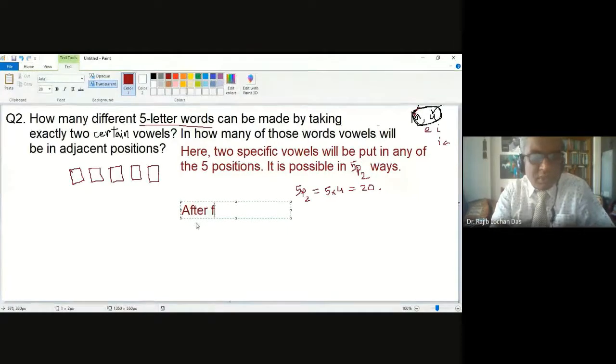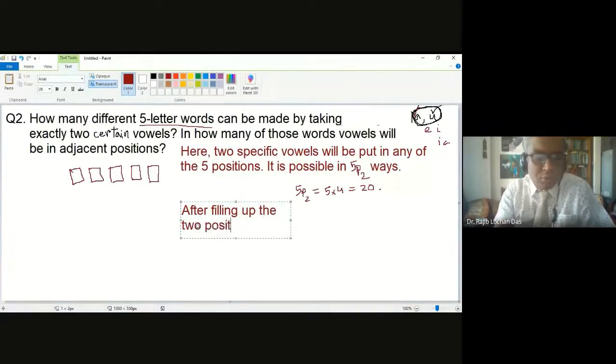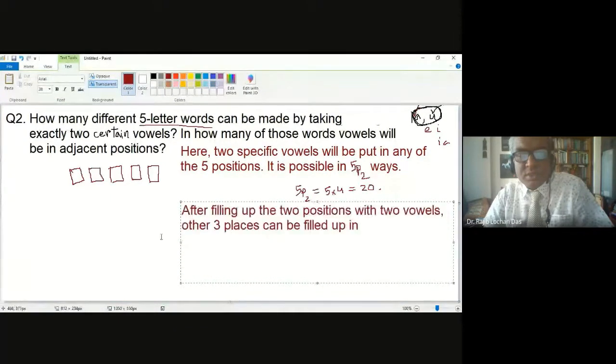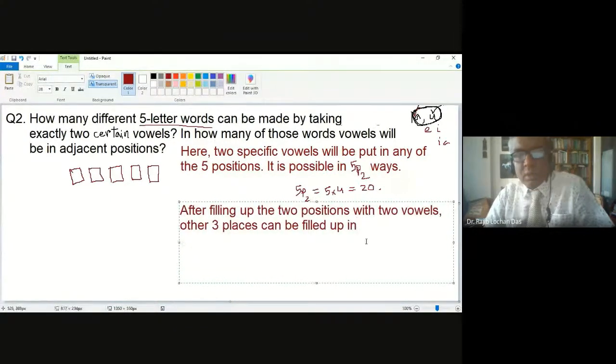After filling up the two positions with two vowels, the other three places can be filled in how many ways? How many ways now?